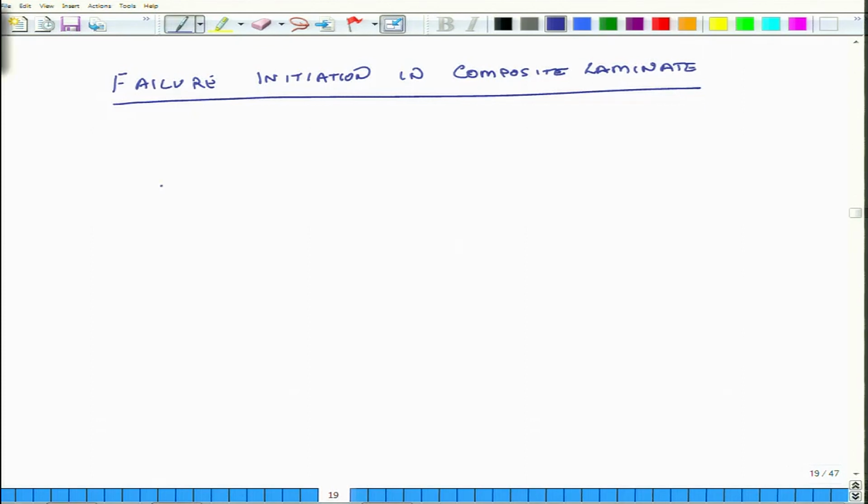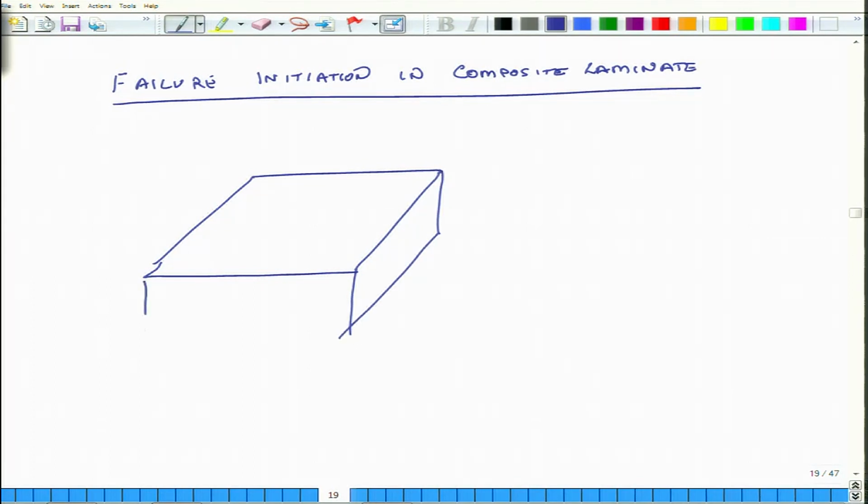So, suppose I have a composite, and it is not just a single layer but a laminate. So, let us say it has 3 layers.